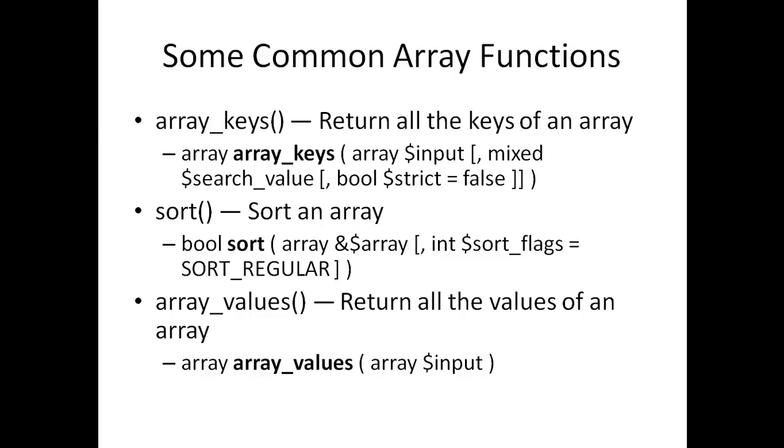You also have sort, which lets you sort an array. It returns a boolean, and you pass it an array by reference, as well as what type of sort you're going to do. There are additional sort flags you can use from php.net, though I will say that if you basically want to alphabetize or put the array in numerical order, you can pretty much just use sort the way it is. For those of you who don't know, I've talked about by reference a couple of times here.